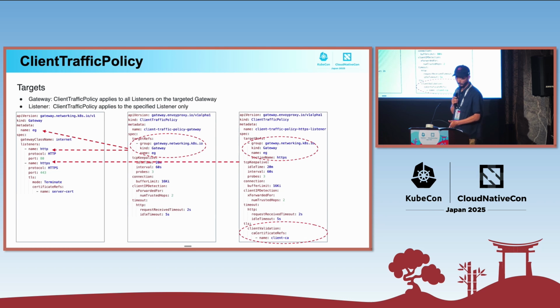And in the middle, this policy just applies some common configuration for both listeners, like TCP timeout, buffer limit, something like that. And on the right side, this policy targets only the HTTPS listener using the section name called https, and enables mTLS for this HTTPS listener.